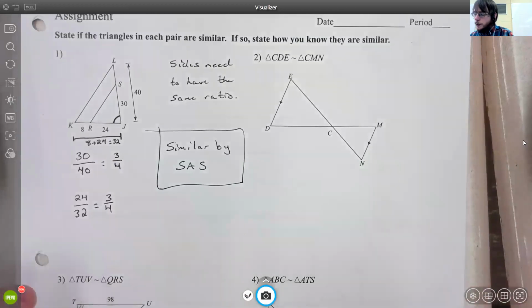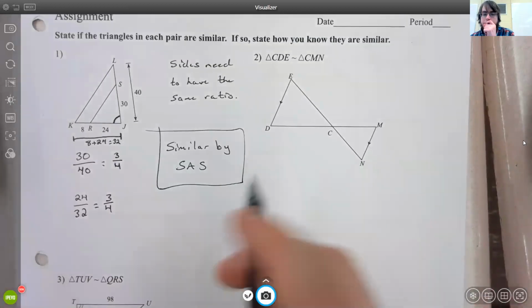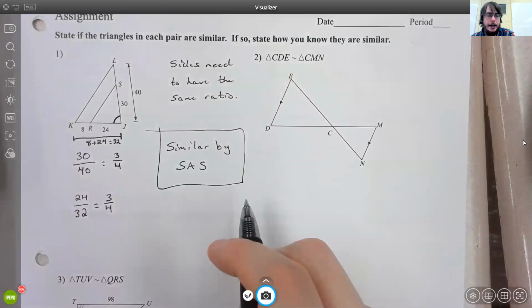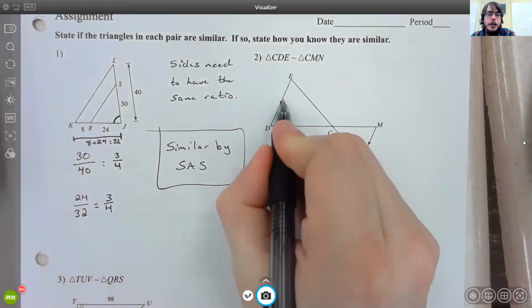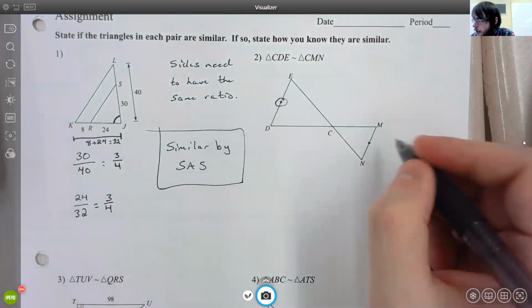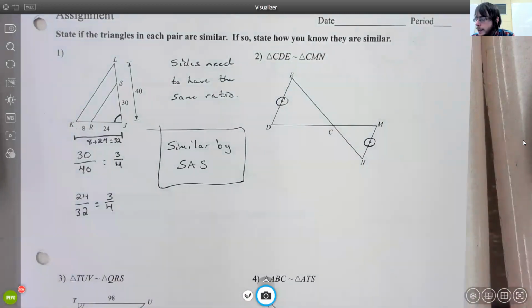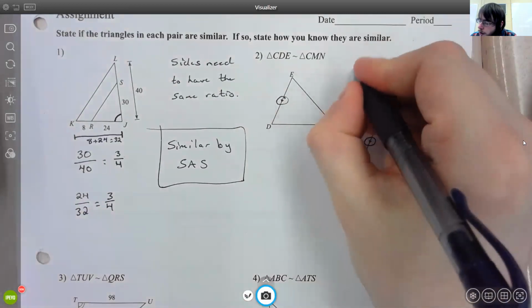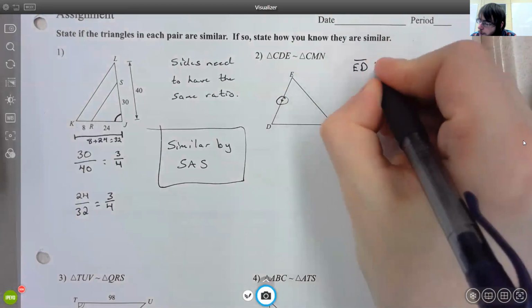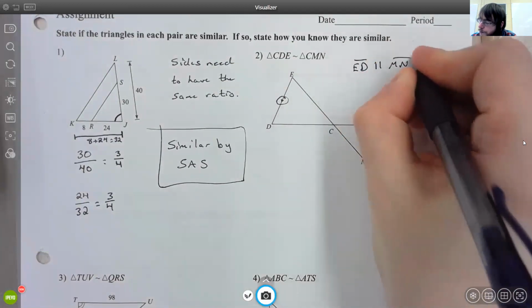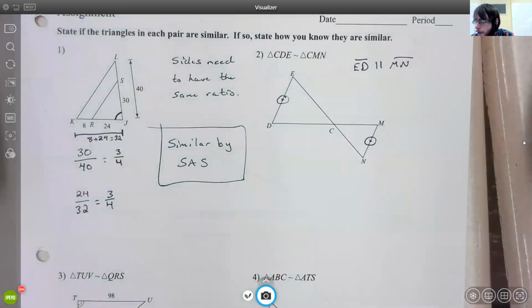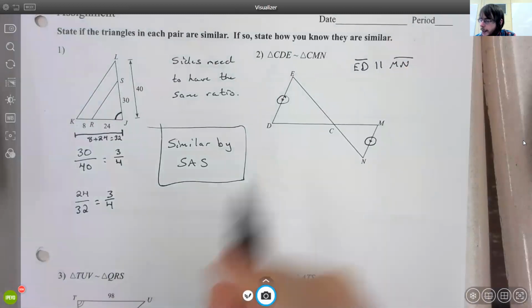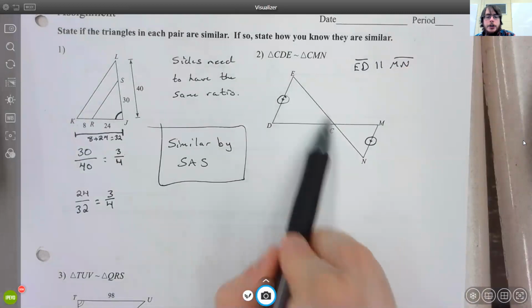Now number 2, the first thing you should notice about this diagram is that there are parallel lines here. There are those little triangles on ED and MN, so ED is parallel to MN. We also can see that these triangles have an intersecting line.